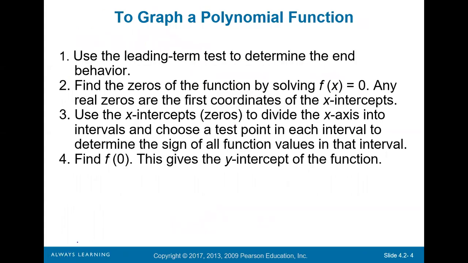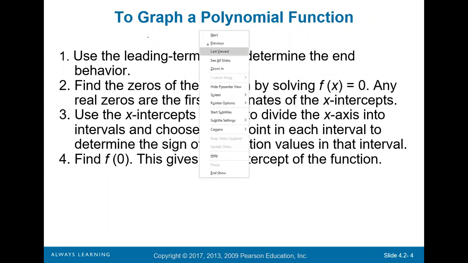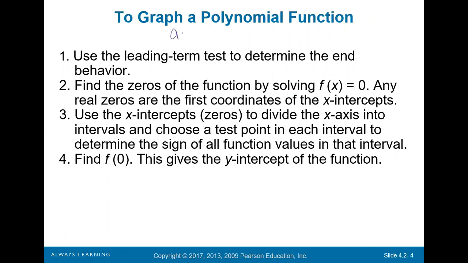So to graph a polynomial function, I'm going to just go through these quickly. We're going to use the leading term test to determine the end behavior. Let me write this right quick: a raised to the n power, where a is the n subscript.